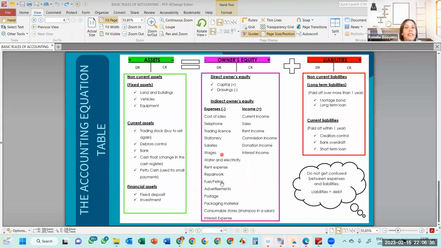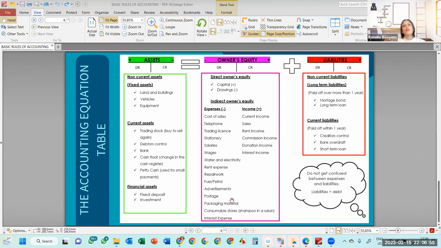So all these things that the business needs to pay or sometimes buy in order for the business to operate or run on a daily basis, all those things make the profit of the business smaller or less. And ultimately, there's less money or less owner's equity for the owner.